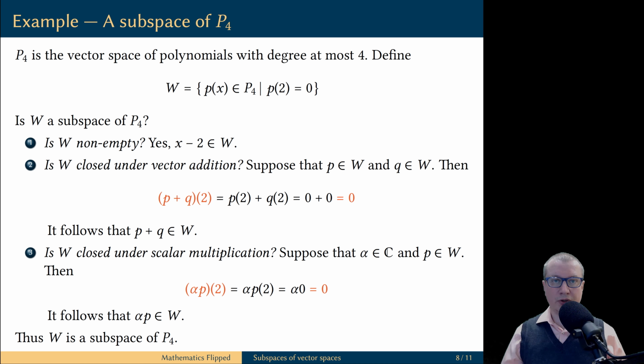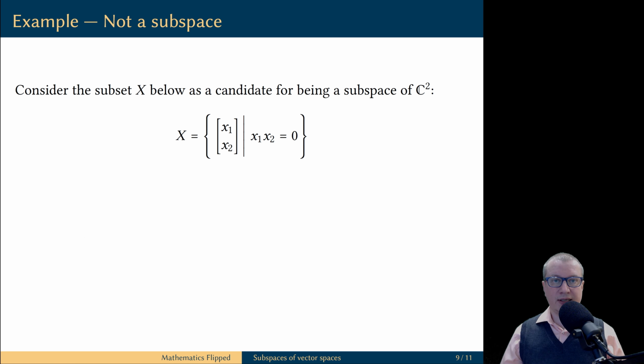We completed our 3-step check, and this shows that this subset W is in fact a subspace of the vector space P4. For contrast, here is an example of a subset of a vector space which is not a subspace.